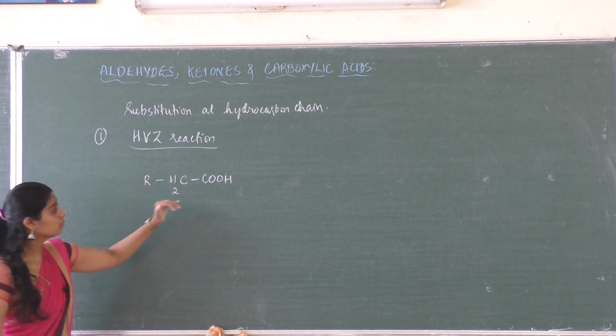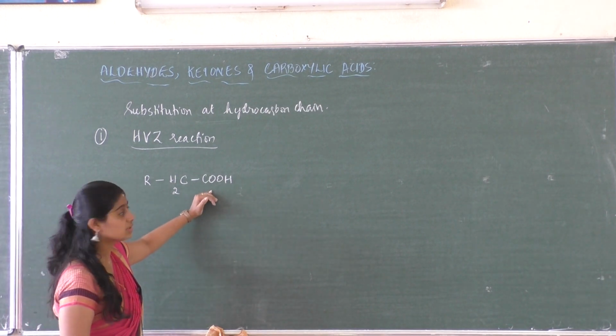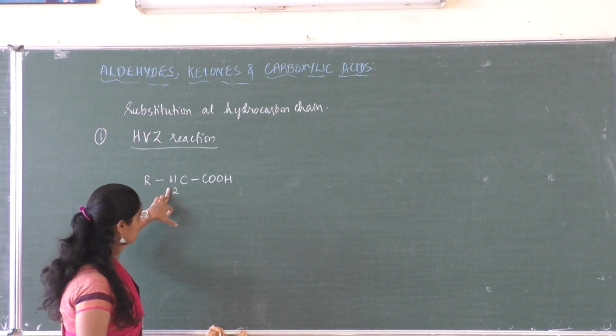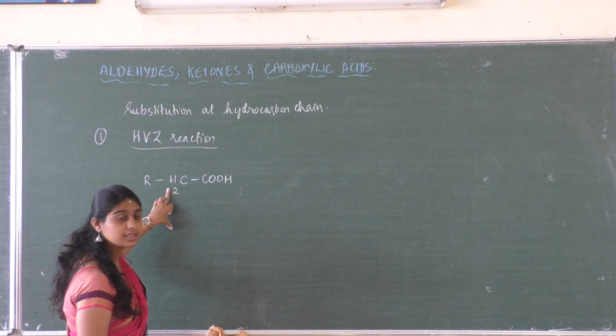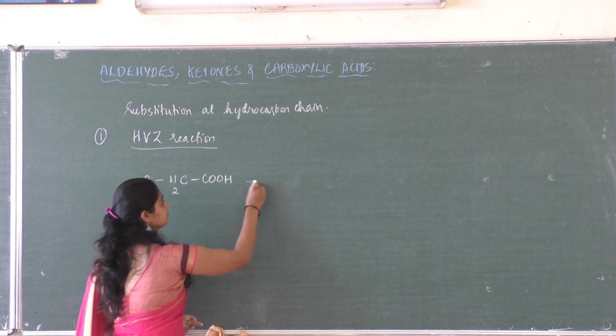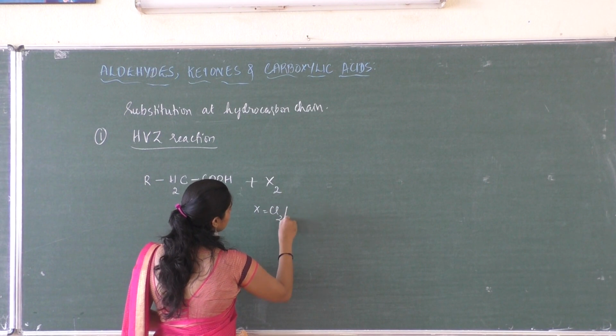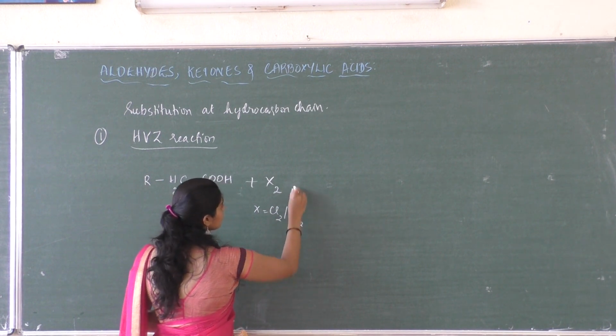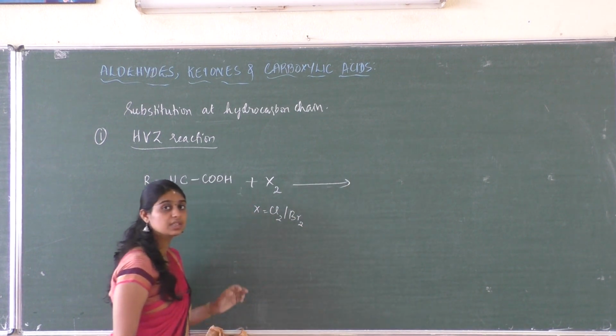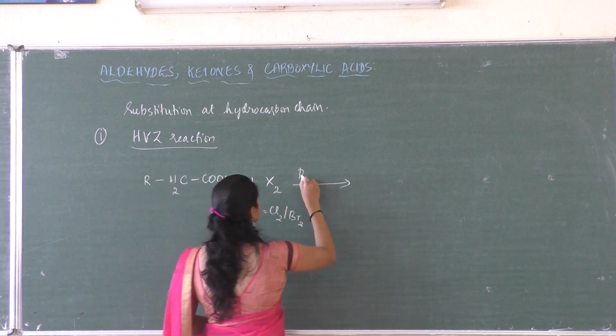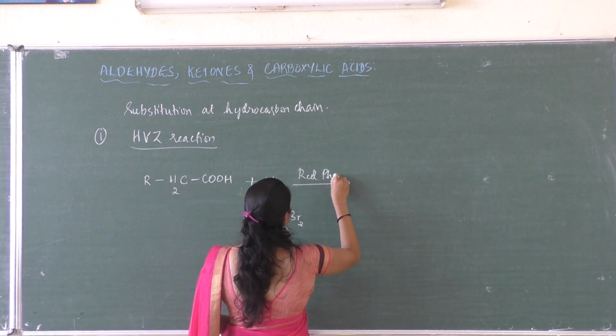So the carboxylic acids which consist of alpha hydrogen atoms, when they are reacted with halogens, the halogen may be chlorine or bromine. The condition is that the reaction needs to proceed in the presence of red phosphorus as a catalyst.